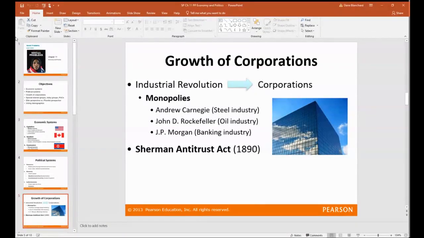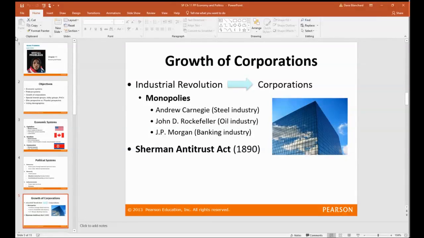During this time of the Industrial Revolution, there were certain types of companies that had a heavy amount of control over certain industries. So whenever you have one company or a corporation that controls an entire industry and they can dictate the supply and the price of that particular good, then that's called a monopoly.